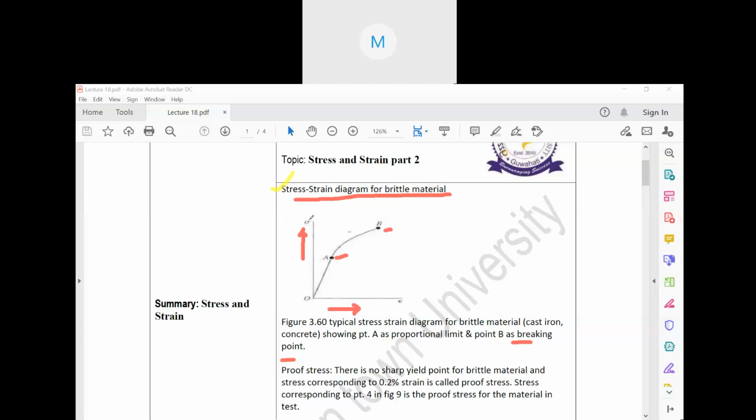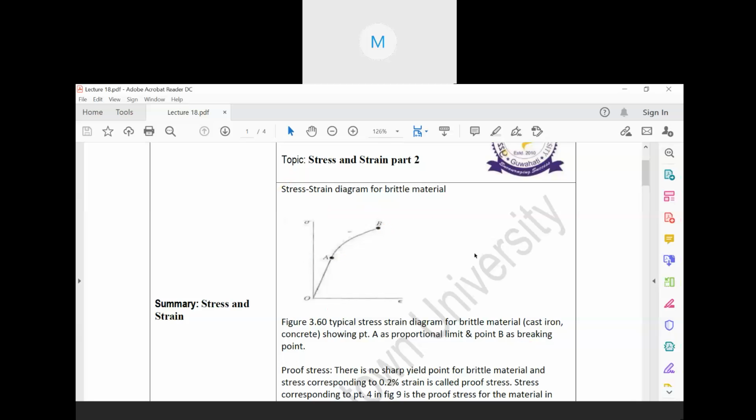But beyond this point, if you keep on increasing the stress, it shows some random behavior, and eventually, when it reaches point B, it undergoes failure.